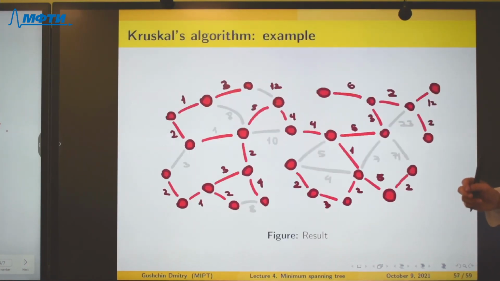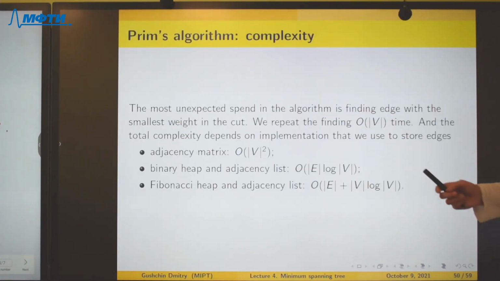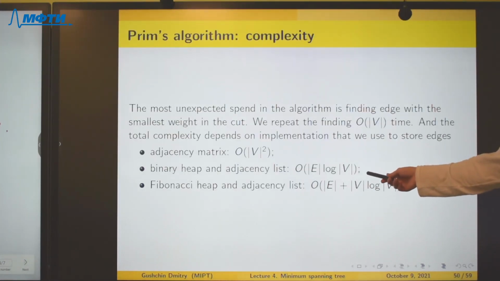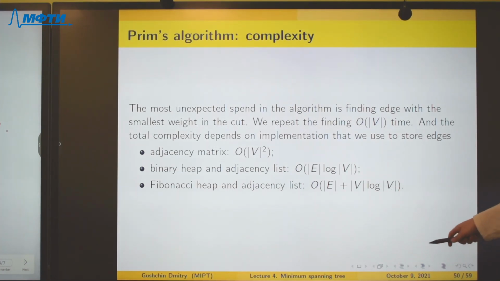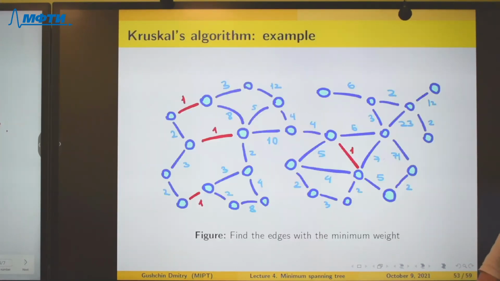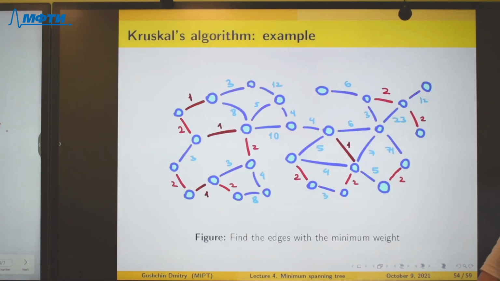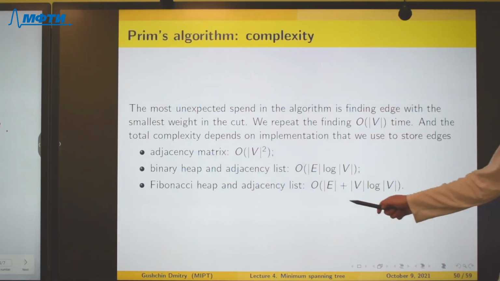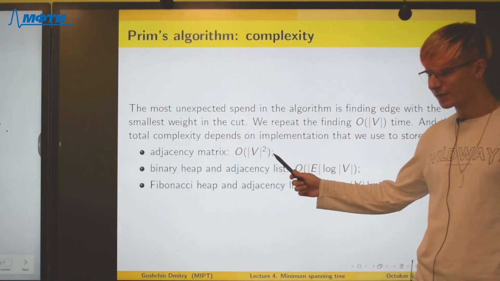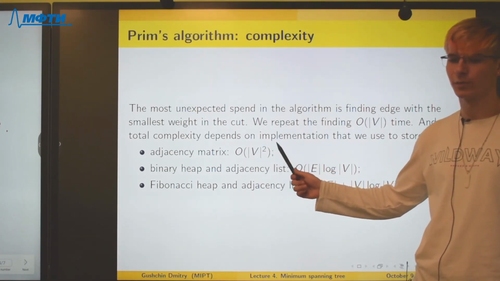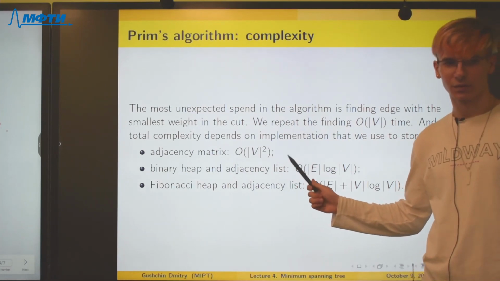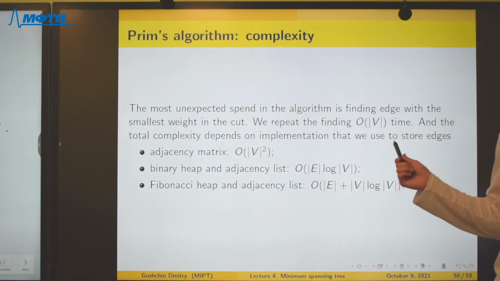So it is equal to Prim's algorithm. Yeah. But I think in the worst cases they are equal. And I think this time should be multiplied by the logarithm of the number of vertices too, because of sorting of the edges.